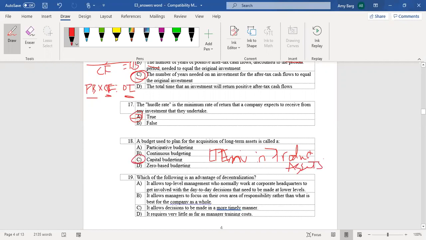I'm not going to go through the definition of what all those other budgets are, but this one is a capital budget. Long-term investments in productive assets.